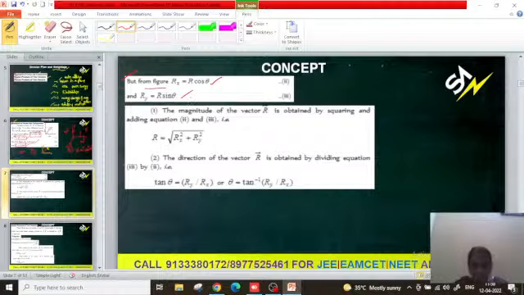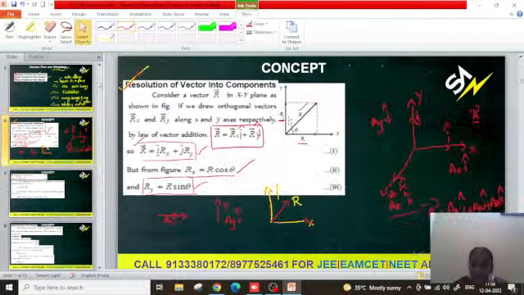Or you can follow vector addition, the resultant magnitude of vector addition, by following that equation also, whereas the angle between Rx and Ry is 90 degrees, they being perpendicular to each other.